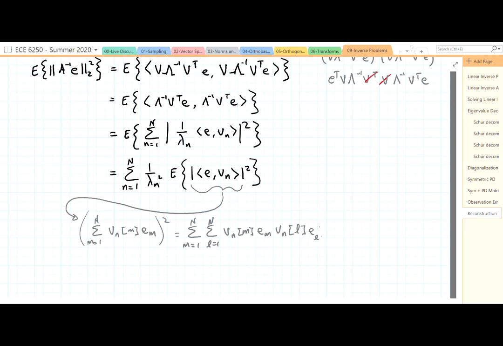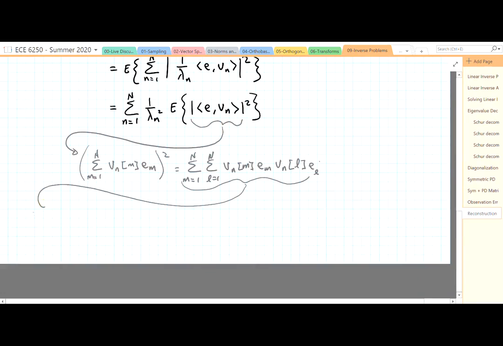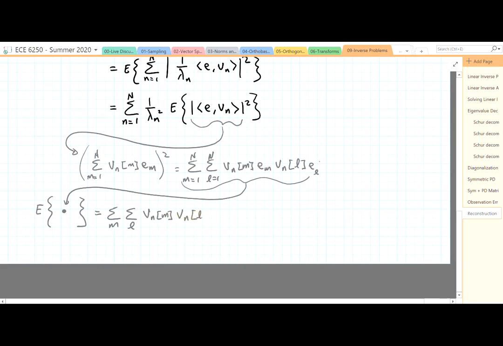So our eigenvectors aren't random. So if we take this quantity and throw it back inside an expectation, that's just going to be the double sum over m and L, Vn[m] Vn[L], times the expected value of Em EL.